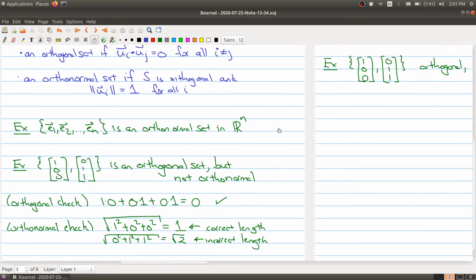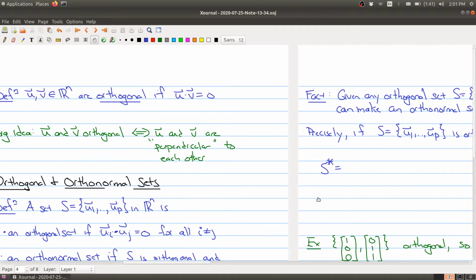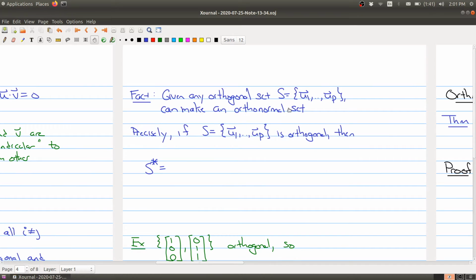Now the nice thing is that given any orthogonal set S, you can make an orthonormal set from it. The basic idea is your vectors are already perpendicular to each other, so you just want to rescale them so that they all have length 1. How do you do this?